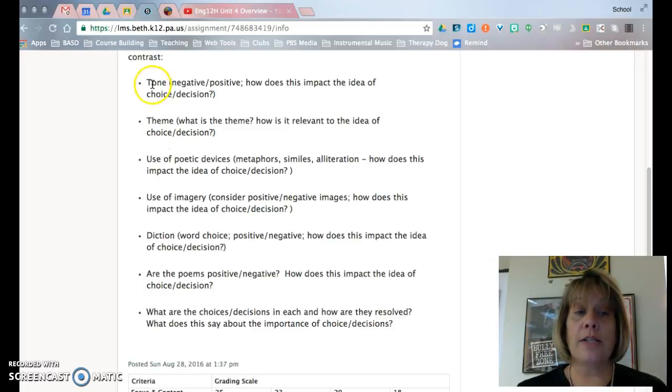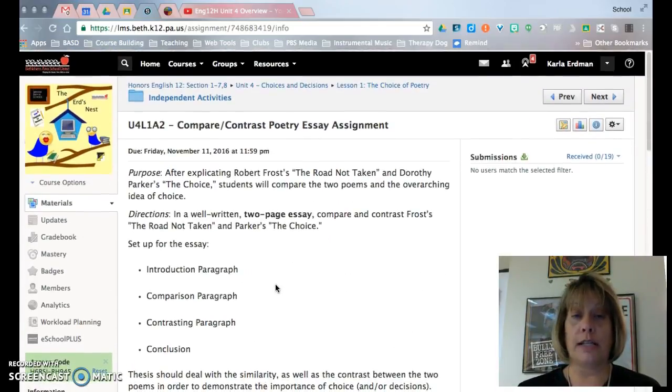As far as tone, poetic devices, imagery, and diction, you will actually decide which one of those to include in your short essay. However, you should be focusing on theme, and you should be focusing on the negatives as well as the choices and decisions, since that is the overarching idea of your lesson.